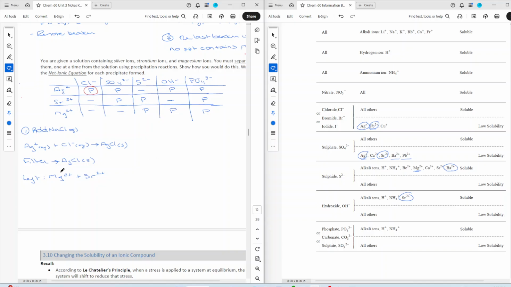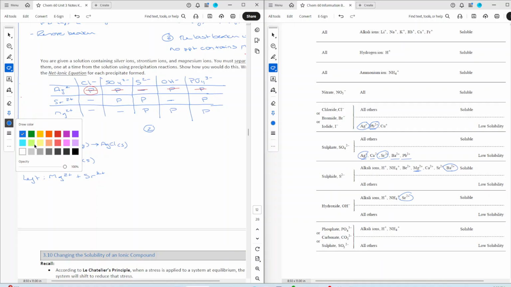Okay. So now we have to figure out how to separate those out. So the second thing we are going to do is now we can get rid of that silver row, right? So now I can go gone, gone, gone, gone, gone. We don't have to worry about it. So now we're going to look for something that precipitates the strontium but not the magnesium, or the magnesium and not the strontium. So you actually get a couple options here, right?